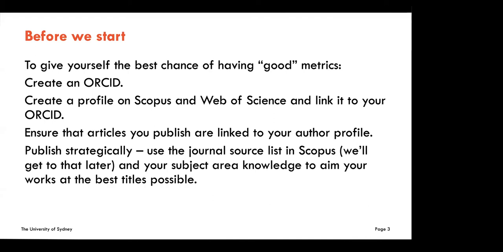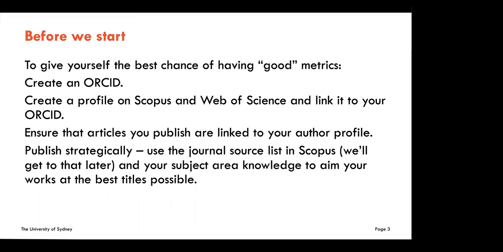The other thing that you want to do is to publish strategically. Within Scopus, there's a journal source list that you can look at, which is basically a list of journals that publish within a subject area. It's purely based on their assigning of a journal to a subject area. It's not the be all and end all of the best titles. It's just the ones that have got the best number in the broader categories.